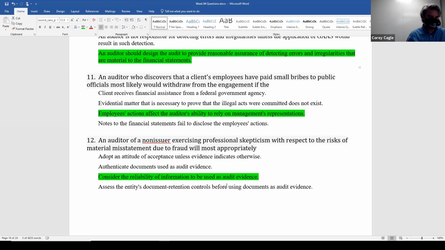If we have a problem with management and our ability to rely on them, we have a problem we can't really fix, right? So that's the answer to that one.